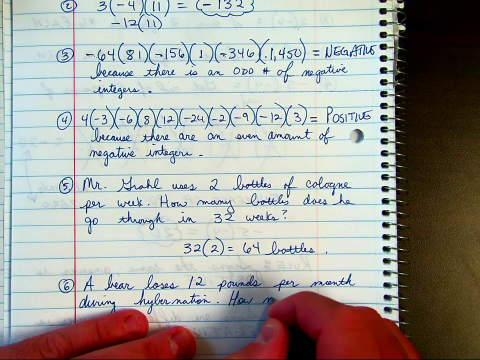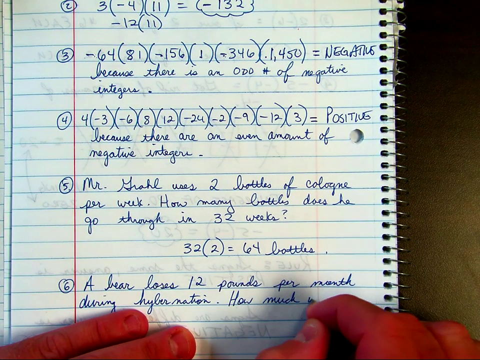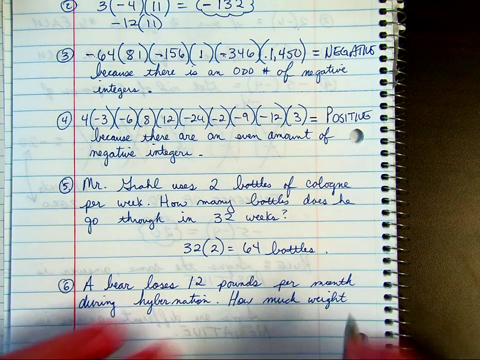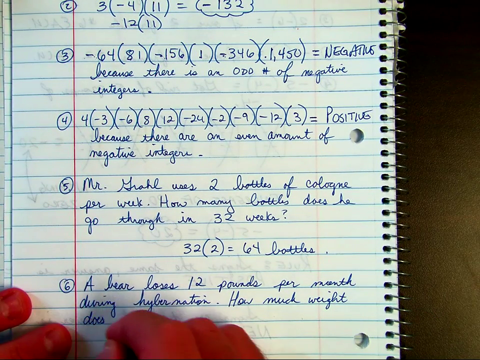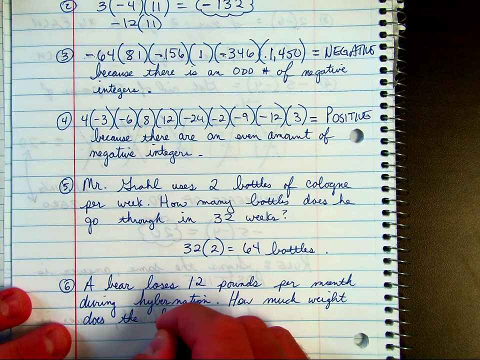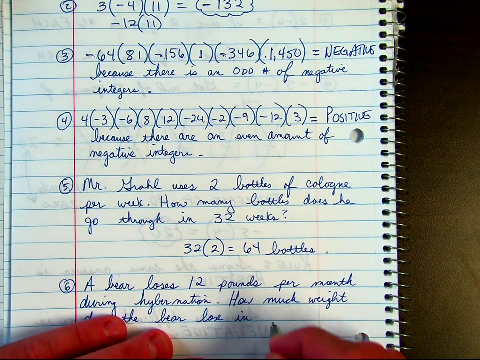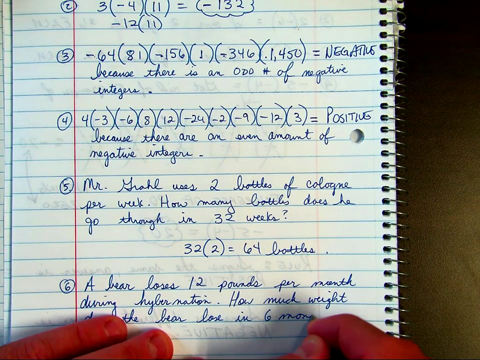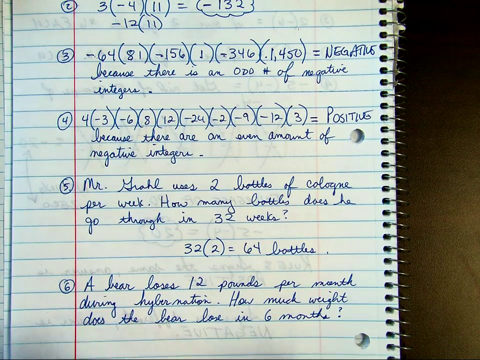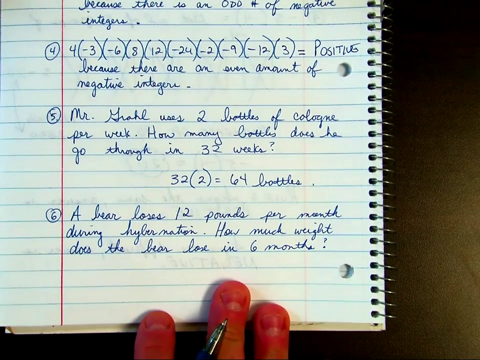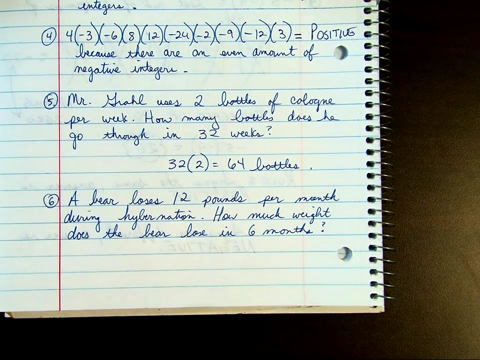How much weight does the bear lose in 6 months? A bear loses 12 pounds per month during hibernation. How much weight does the bear lose in 6 months?